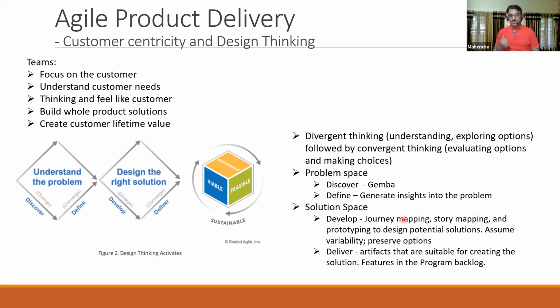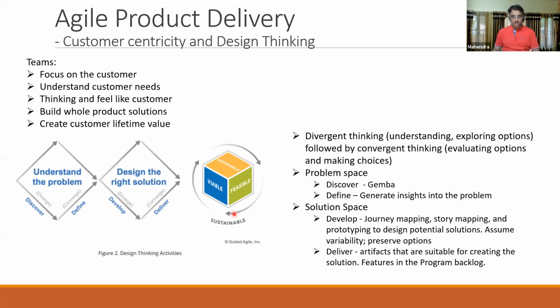When you say deliver the solution, it could be the features or epics that get into the program backlog. So basically you discover, you define the problem, then you define the solution, and you create solutions which are desirable, viable, sustainable, and feasible. All four aspects of the solution are important.